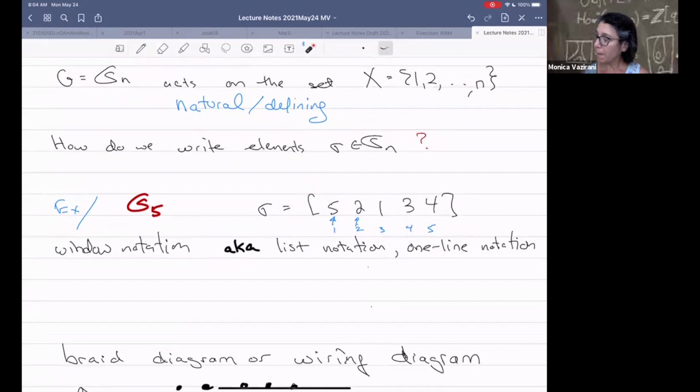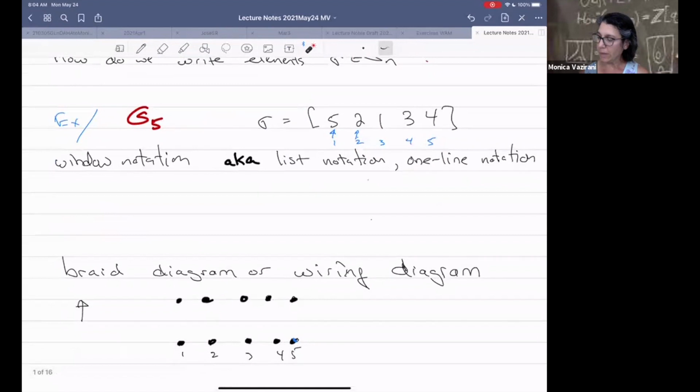What's very nice is to draw a picture of this, the fact that I'm telling you where 1, 2, 3, 4, 5 go. I might write 1, 2, 3, 4, 5. It would be rather boring if I wrote 5, 2, 1, 3, 4 here. So instead I think of this as another copy of my 1, 2, 3, 4, 5, and let's see if I can do this correctly. 1 goes to 5, 2 goes to 2.